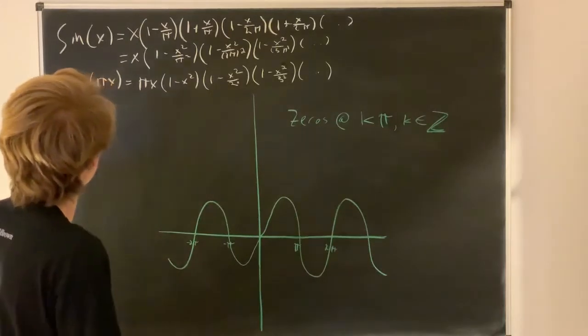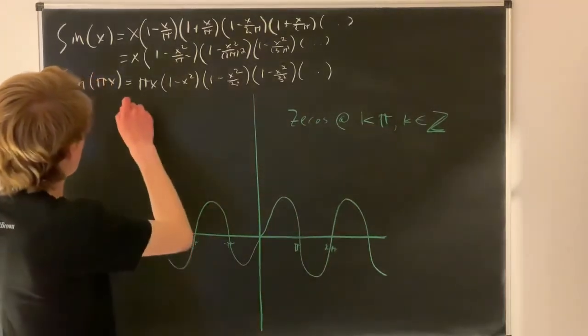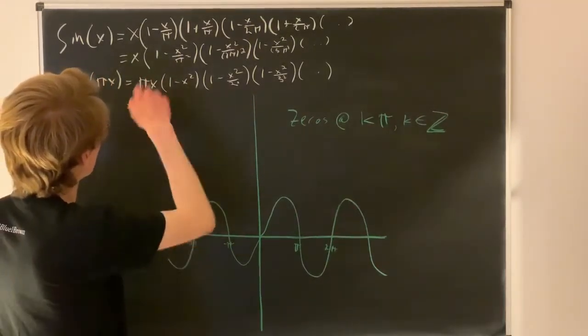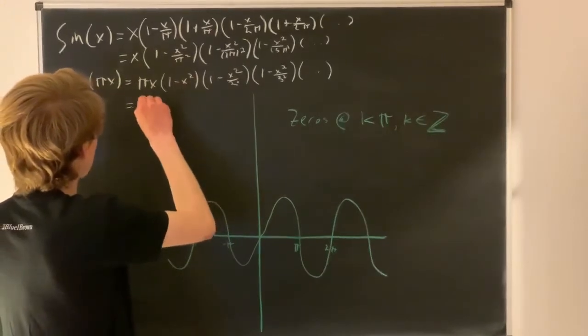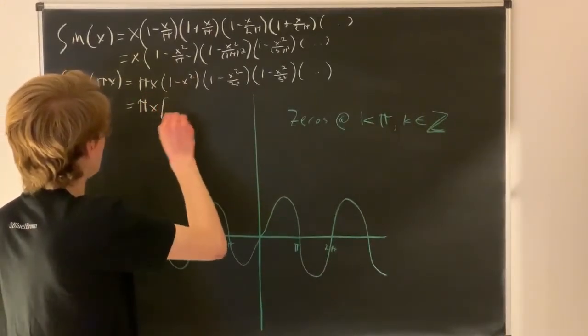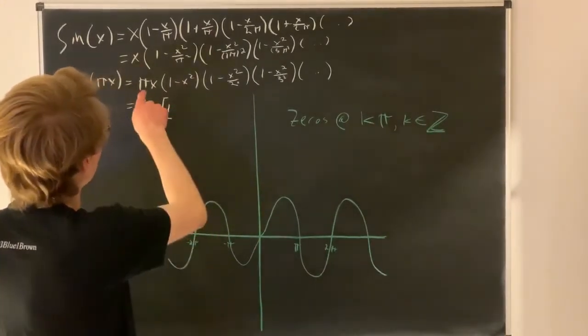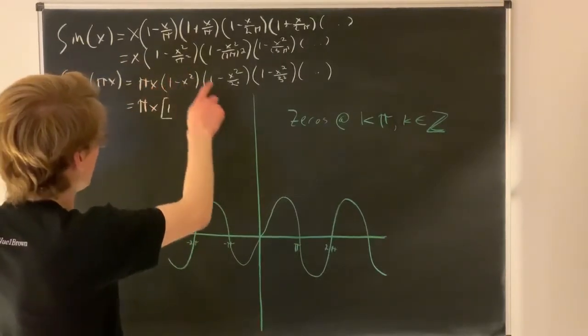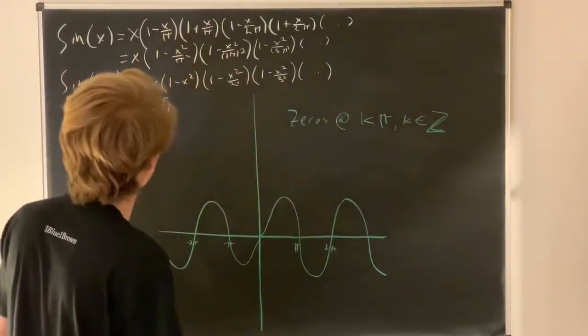Well, what if we clean this up a little bit? So we can write this as pi x times 1, because pi x times 1 times 1 times 1 times 1 is always going to give us pi x.